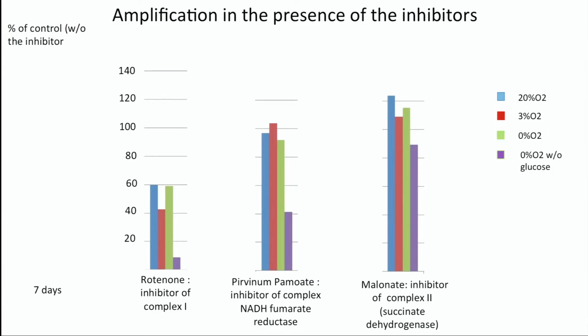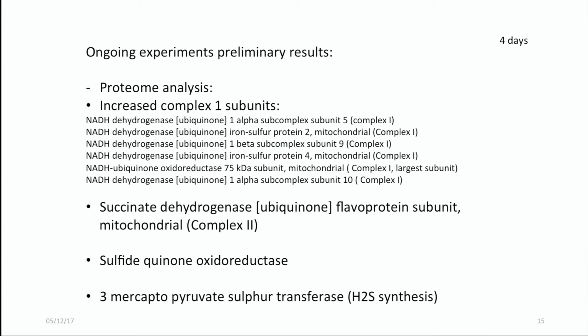And when we blocked by rotenone, by pyrvinium pamoate, which is the most classical blocker of the fumarate, NADH fumarate reductase, we found that most sensitive were the cells in ischemia to blockage of complex 2 and of complex 1, which confirmed that there is some important anaerobic mitochondrial respiration passing by these complexes, and probably there is a so-called fumarate respiration in which fumarate is the acceptor of electrons.